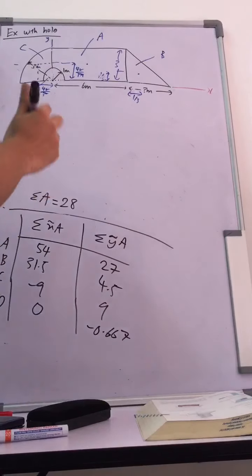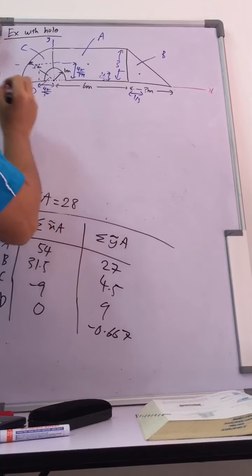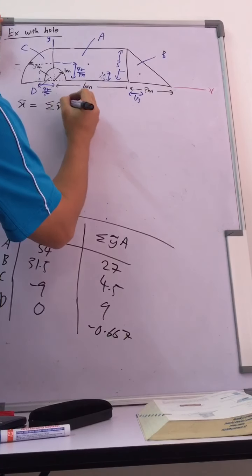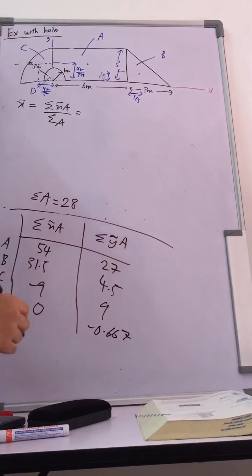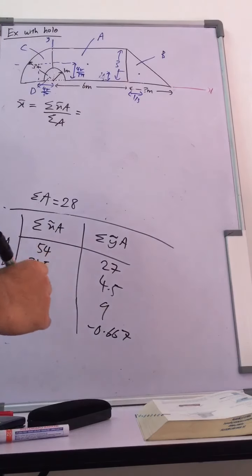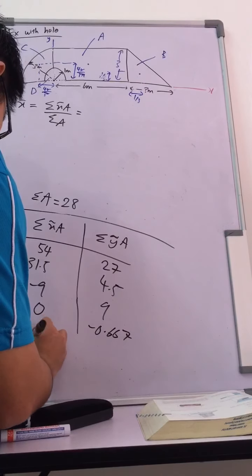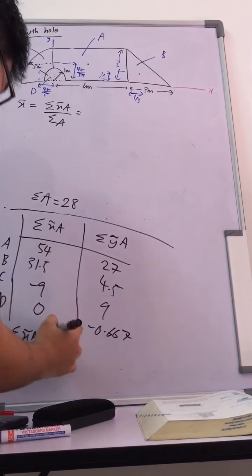So to find your x bar, the x coordinate of the centroid, x bar equals summation of x tilde A over summation of A. Summation of x tilde A, you sum them up: 54 plus 31.5 minus 9. So you got 76.5.